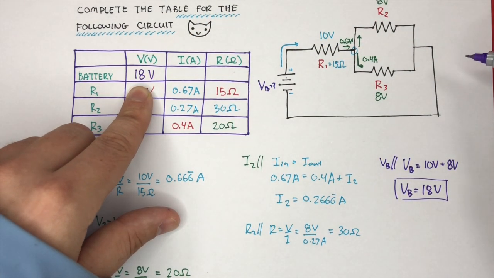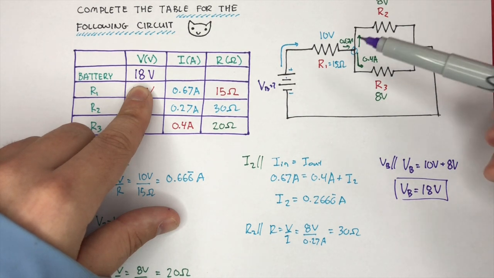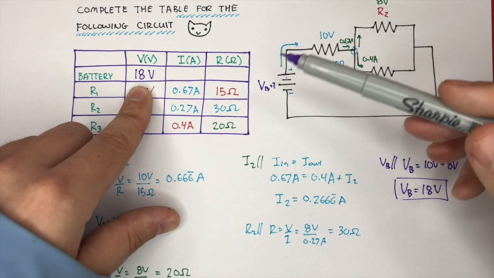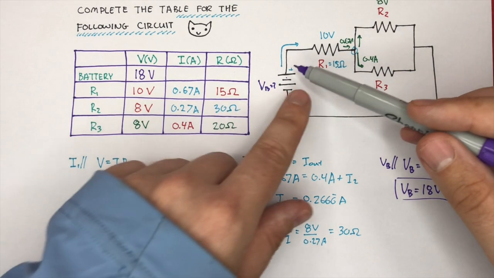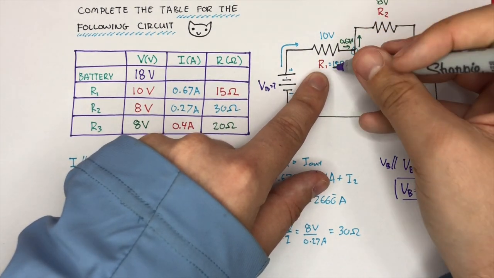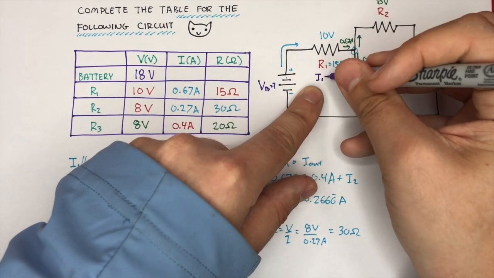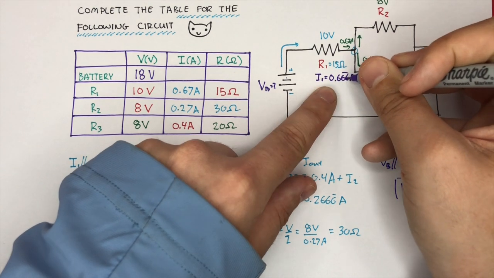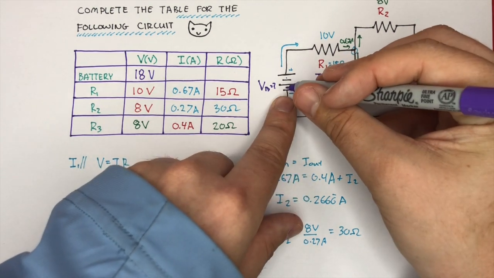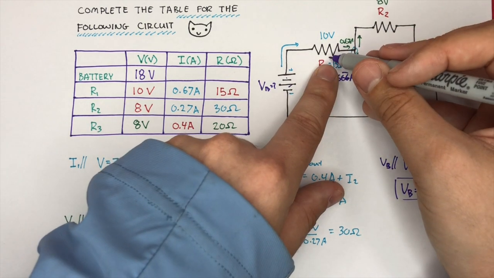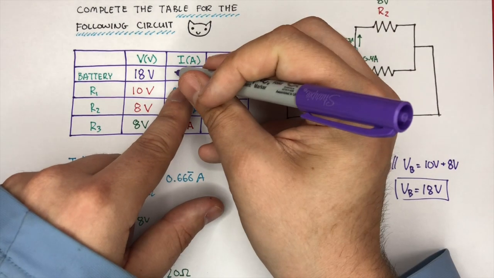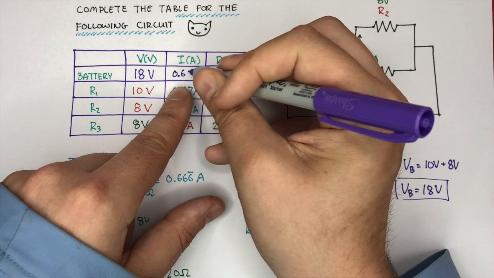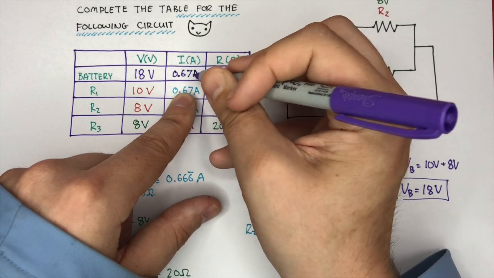Now, wait a second. We know from before that anything that's in series has the exact same current. Well, we know the current that's across resistor 1. The current across resistor 1 is 0.666 amps. And the battery is in series with the resistor. So the current across the battery must be 0.67 amps as well.